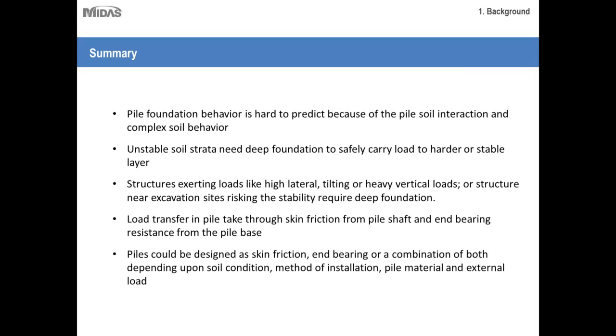Load transfer in a pile takes place through skin friction from the pile shaft and end bearing resistance from the pile base. Piles could be designed as skin friction, end bearing, or a combination of both, depending upon soil condition, method of installation, pile material, and external load.